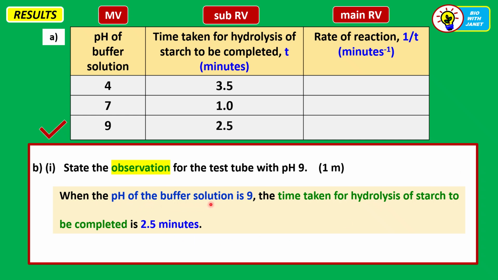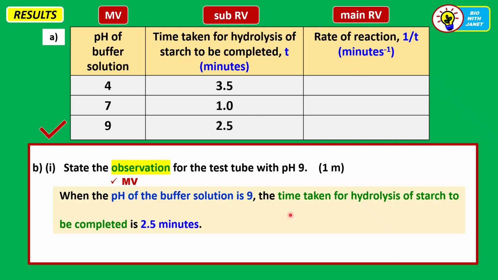When the pH of the buffer solution is 9, the time taken for the hydrolysis of starch to be completed is 2.5 minutes. So when the pH of the buffer solution is 9, this is your MV. Then comes your sub-RV, the time taken for the hydrolysis of starch to be completed. Now, copy exactly the same from the table here, or from the instructions.